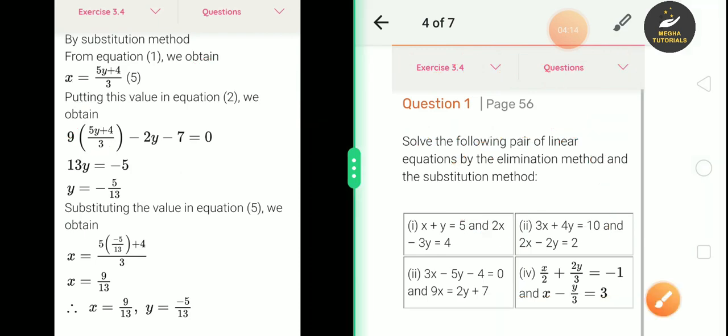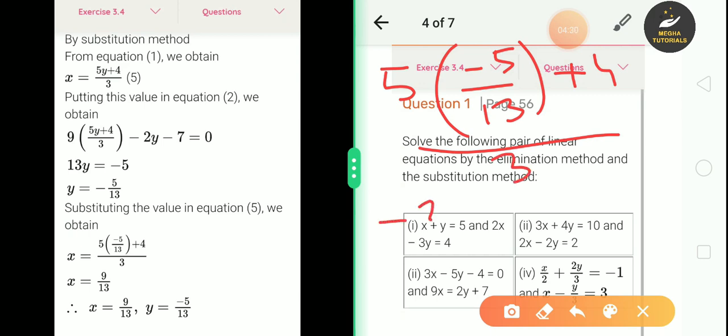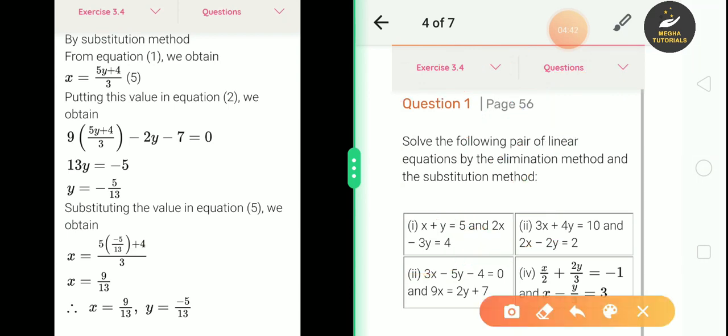Now put this value in equation 5. So we'll get x is equal to 5 into minus 5 upon 13 plus 4 upon 3, which will be minus 25 upon 13 plus 4 upon 3. Further, LCM of the numerator is 13. So minus 25, 13 4s are 52 upon 13 upon 3.